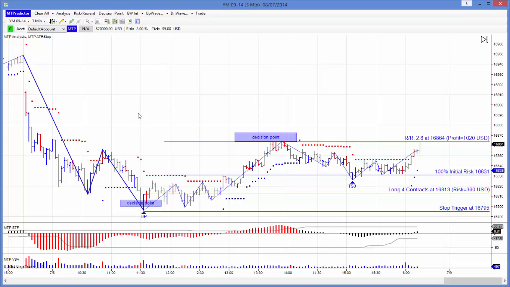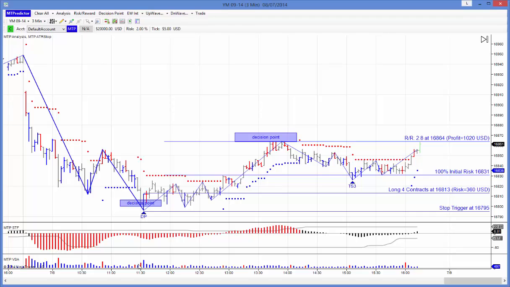So this is why I wanted to do today's video, to show you that we had some good trade setups on the YM. This TS3 buy setup later in the day, as we've already seen, created a nice 3-hour profit. But this DP buy, I love these kind of trade setups when they come in with our VSA indicator here.